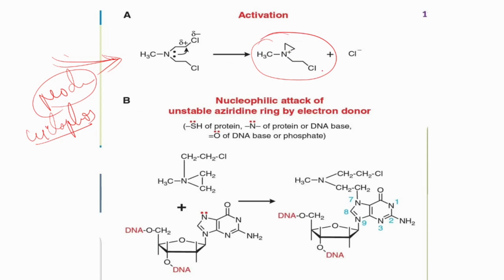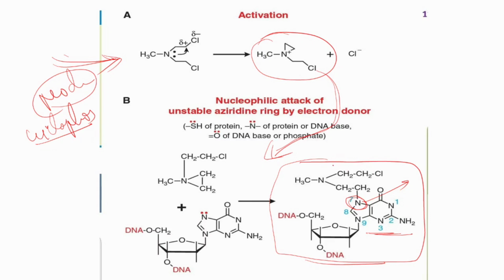This active alkylating agent, when it is formed, further goes to the DNA base pairs, and it will try to bind. It goes and binds to the N7 of the guanine moiety of this DNA, which is most susceptible, because on this N7 the alkylating group of the drug will go and bind, and with that it forms alkylation of DNA.